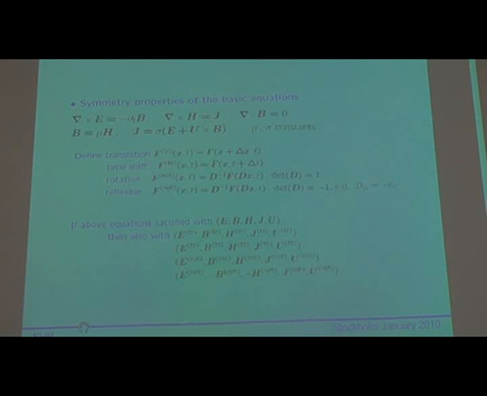We define a translation of these fields. So it's just defined in this way. We shift it along an axis. We can define a time shift, and we shift it along the time axis. We define a rotation where we take the object and turn it around any axis.